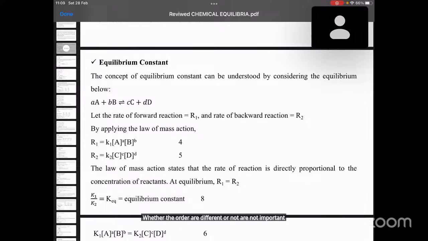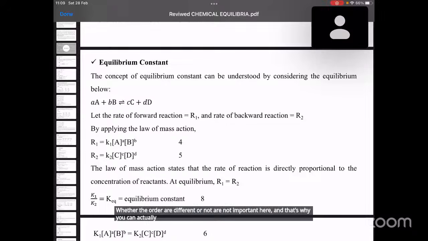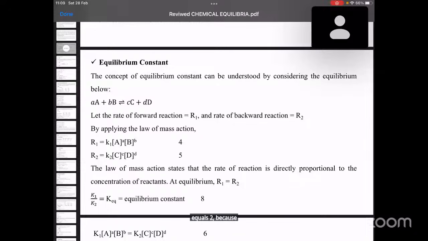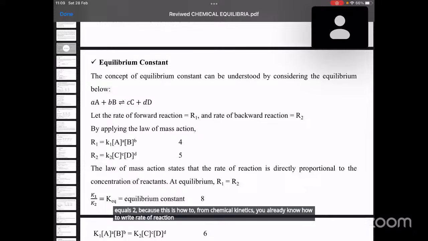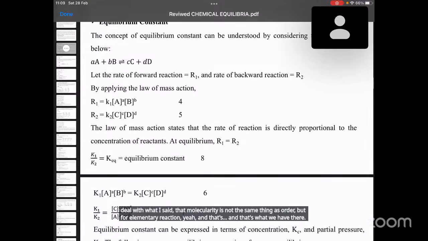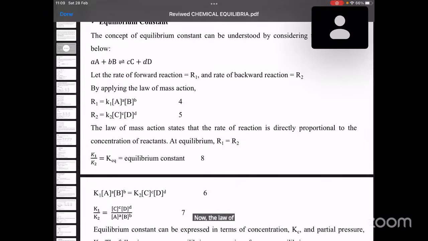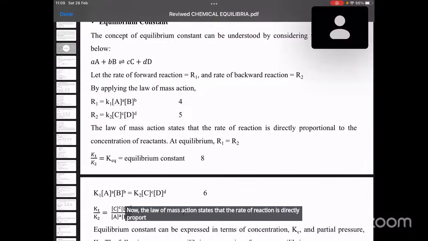And that's why you can have your R1 equal to this and your R2 equal to that, because from our chemical kinetics, you already know how to write rate of reaction. Molecularity is not the same thing as order, but for elementary reactions, they are. Now, the law of mass action states that the rate of reaction is directly proportional to the concentration of reactant.